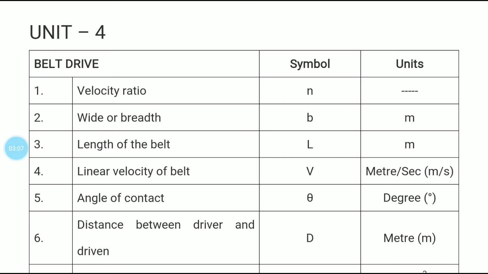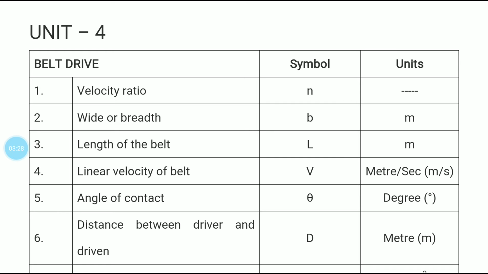Third one, length of the belt. Length means, if there is a thread of 10 meter and you roll it, it will become small, but the length is 10 meter. Like that only.